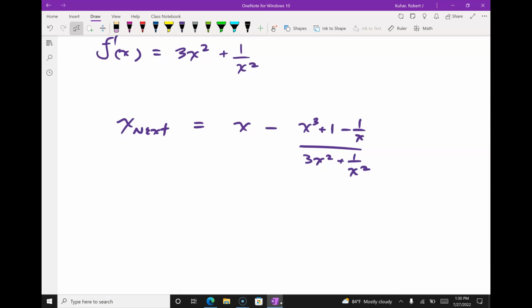Can we do anything with that? Say yes. What's that? Yeah. Can we make it look a little prettier? Just an opinion, but what can we do to make this look a little better? x squared over x squared, right?